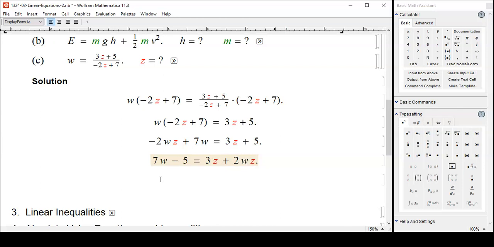We took the like terms together. As a matter of fact, no, actually, we didn't take the like terms together completely yet. We are ready to take the like terms together. Z terms on one side, everything else to the other side, and then we factor z out. 7w minus 5 equals z times 3 plus 2w.